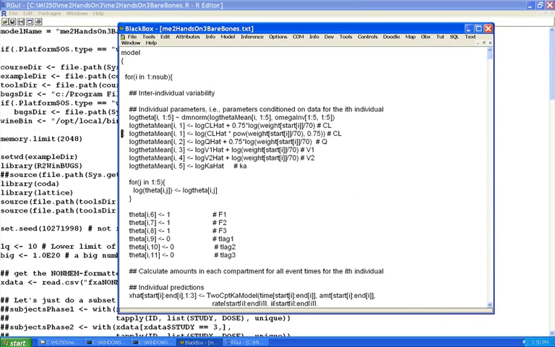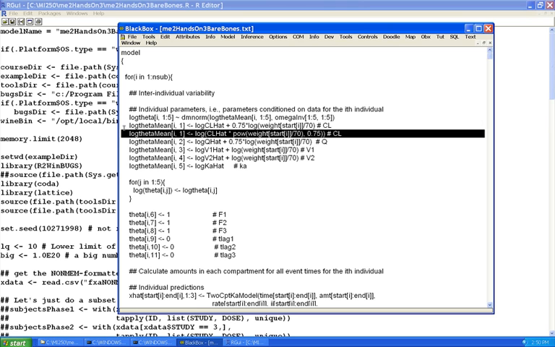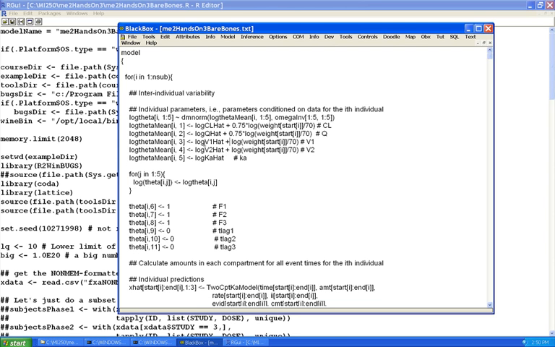Okay, let's get rid of the extra line there. And then similarly, you can see down for the volumes, where I just want it proportional to body weight, it looks more or less the same, except we don't have the 0.75 multiplying the value. It's just log of weight over 70. So that takes care of our covariate.